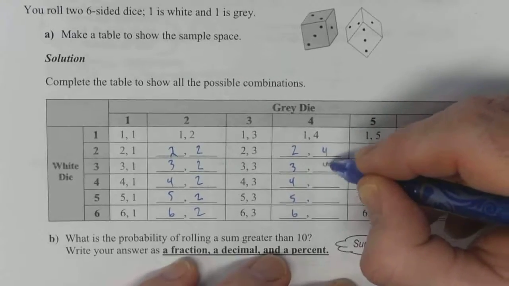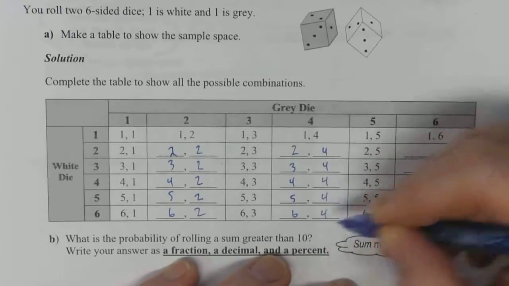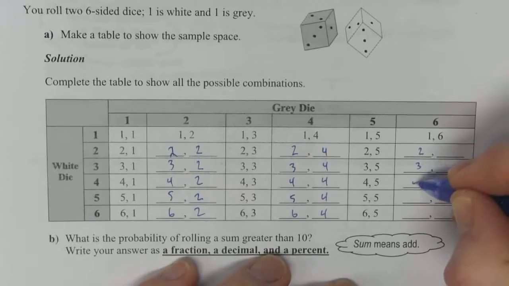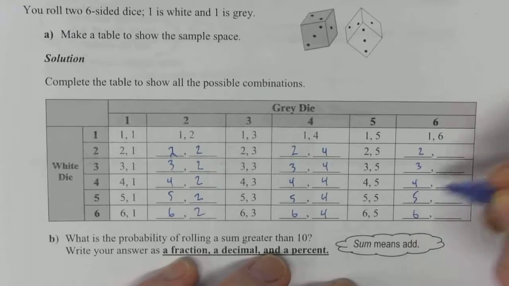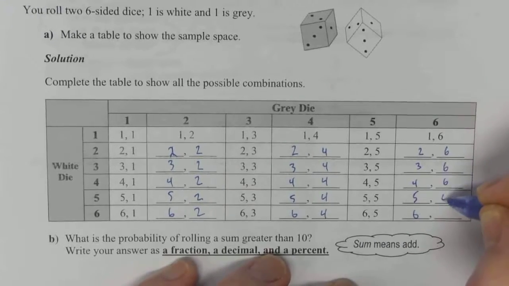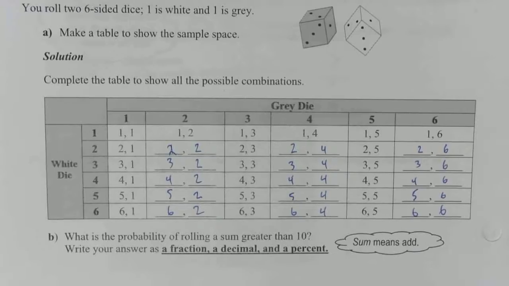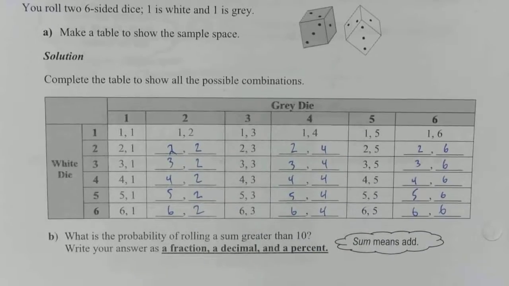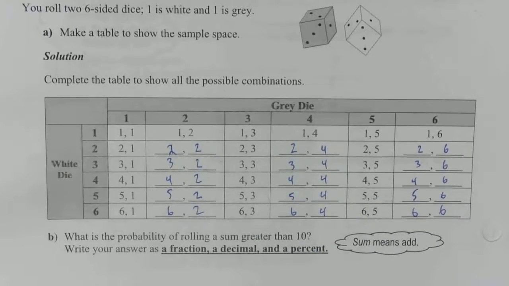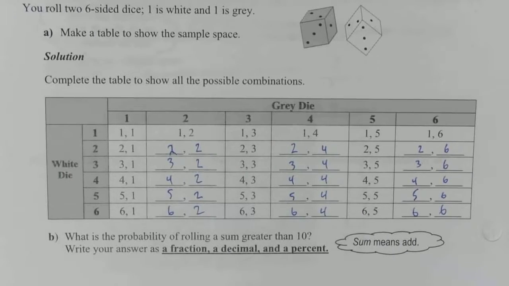And the pattern continues. So the first number is the white die, the second number is the gray die. And even without filling in the table's cells, you can see that there are 36 spots, so there's going to be 36 possible outcomes.